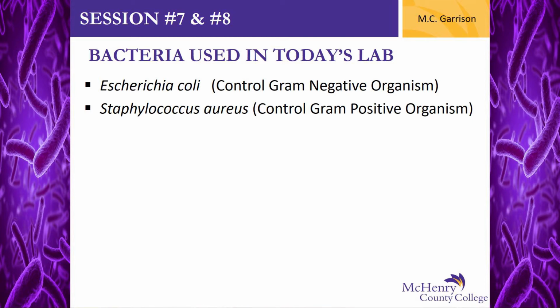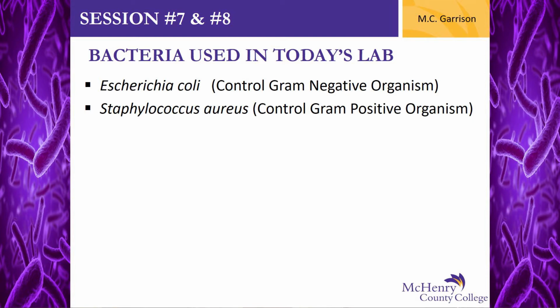We are always going to have a control organism for each group, and that control organism is going to be the same. For our gram-positive bacteria, we are going to use as the control Staphylococcus aureus, which you are familiar with from our simple staining procedure we did last time. So Staphylococcus aureus, I want you to know always is gram-positive.